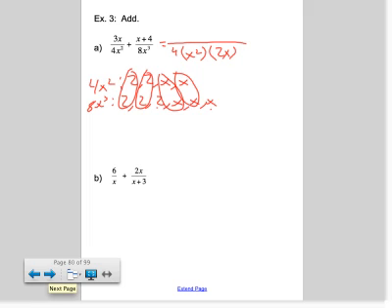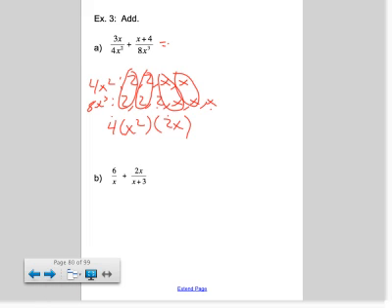Actually, let me rewrite this over here. So my least common denominator is going to be 4x squared times 2x. And I'm going to go ahead and combine all of that into one nice expression. So I have 4 and 2, that's 8. x squared and x is x to the third. So 8x to the third is my common multiple, or my least common denominator, I should say.